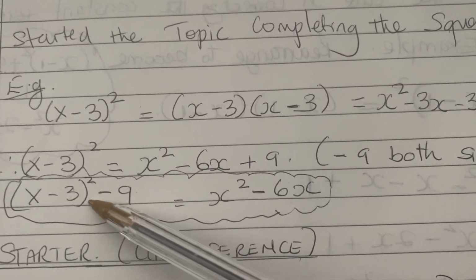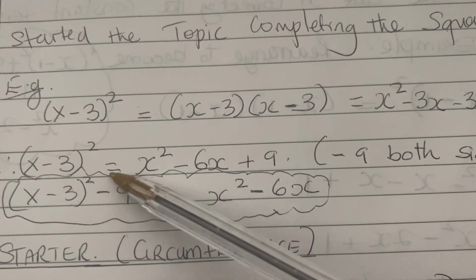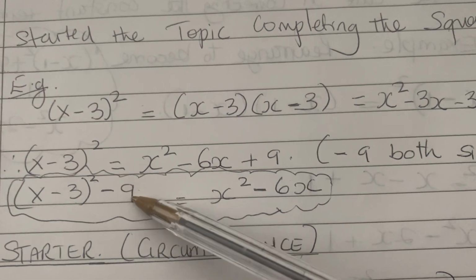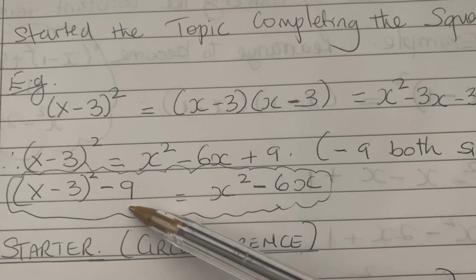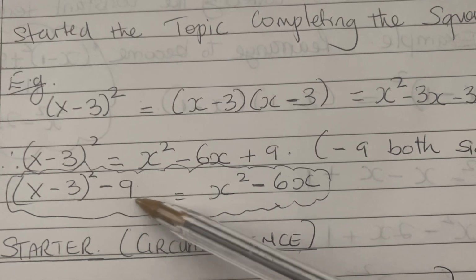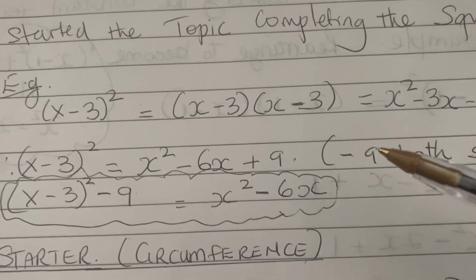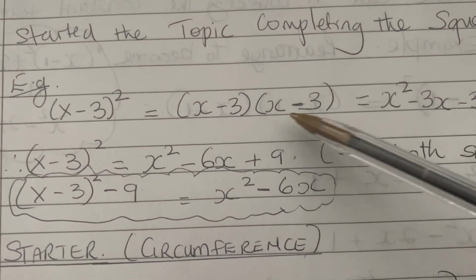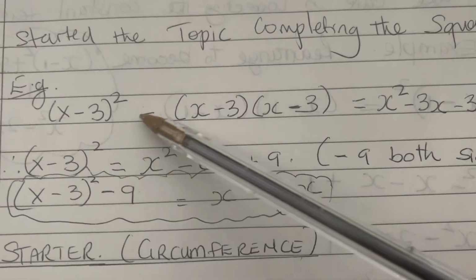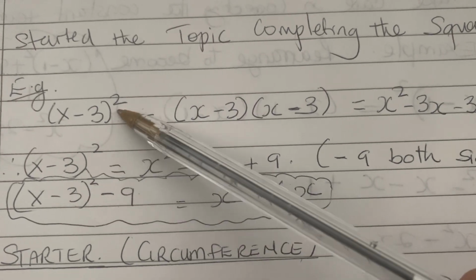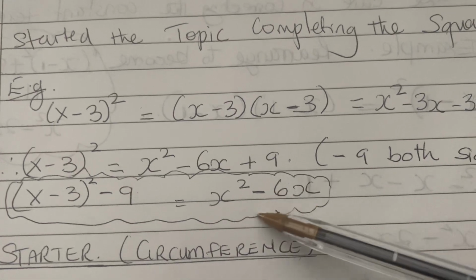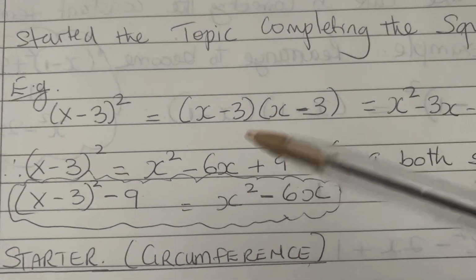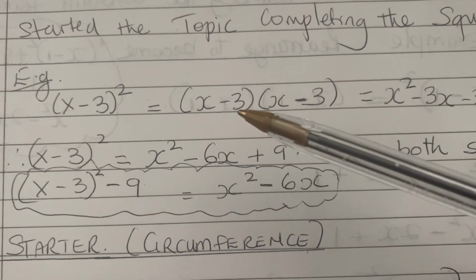So x minus 3 all squared, and then minus 3 all squared is 9, so minus 9, equals x squared minus 6x. So instead of going through all this process, if you see a question like that, you can use it to complete the squares and then substitute it in whatever you are supposed to show or solve.